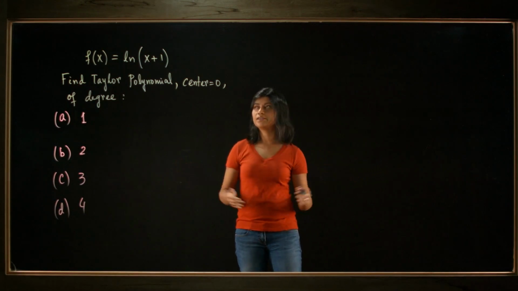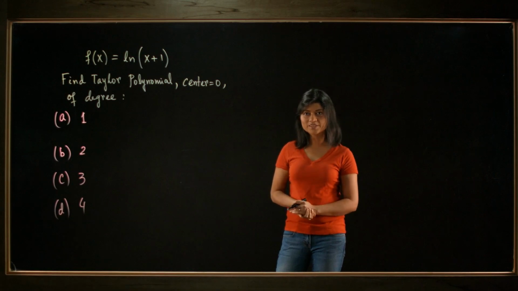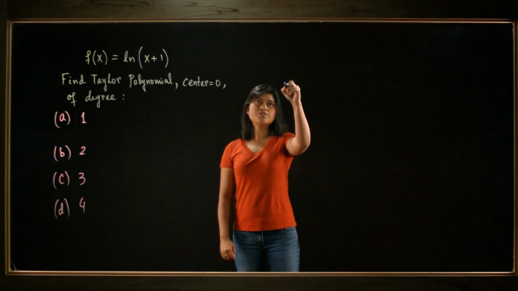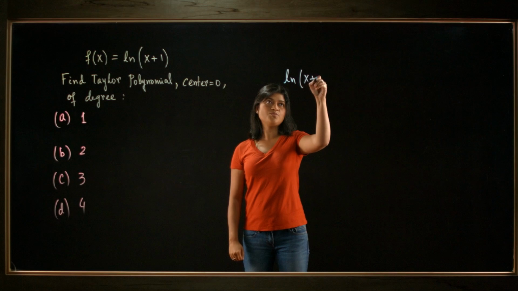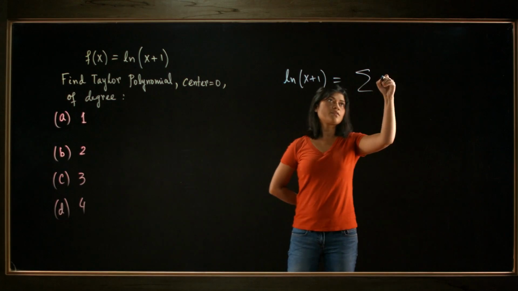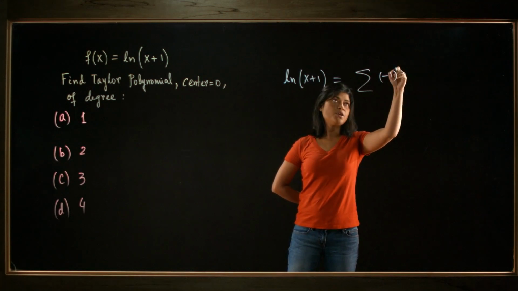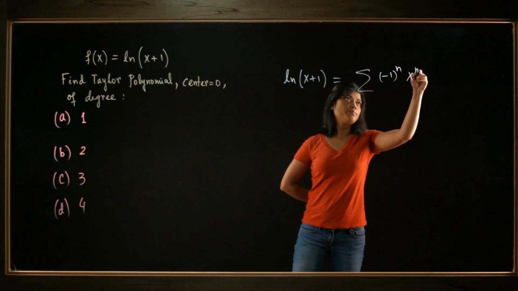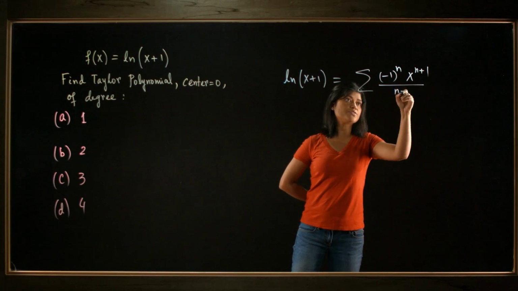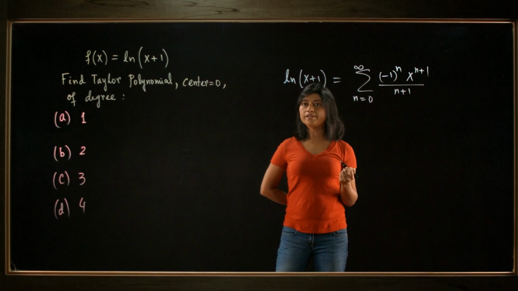A series goes on. Now, we already know how to compute the power series for natural log of x plus 1. It is an infinite series, and the nth term you can write this way: negative 1 to the n, x to the n plus 1 over n plus 1, and n starts from 0 to infinity.